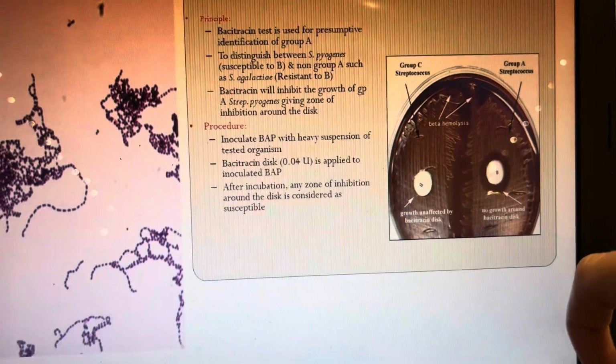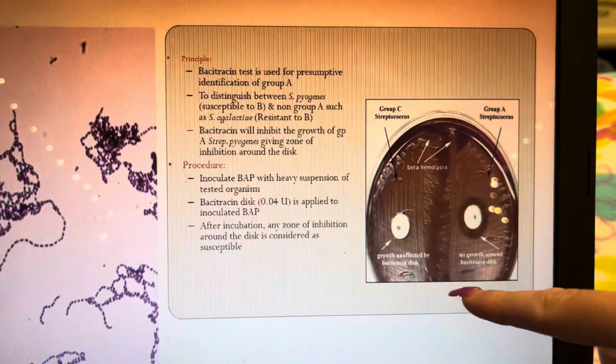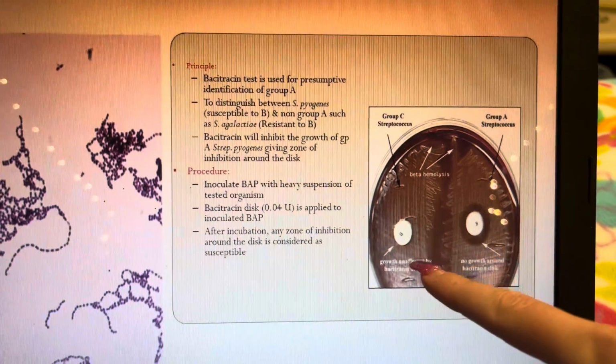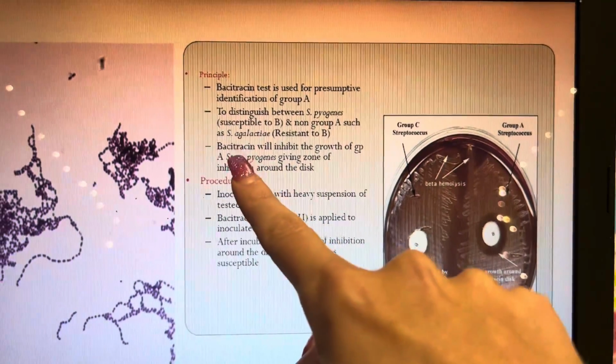And so this is just an example of the different groups of strep and the zone of inhibition based off of the antibiotic that was used.